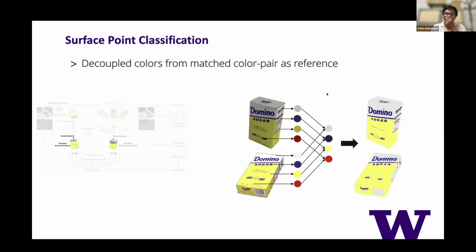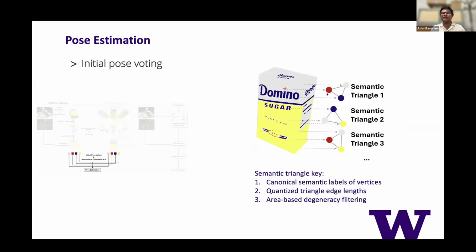The surface point classification is again pretty straightforward. And then one of the other things before we run the ICP method I was talking about is this initial pose voting. There we again leverage all these color pairs that we have already extracted and the triangles that I spoke about, and look at those triangles from a slightly different perspective with some more semantic labels associated to it, and do some comparison of these semantic color triangles before we feed them to the ICP method.